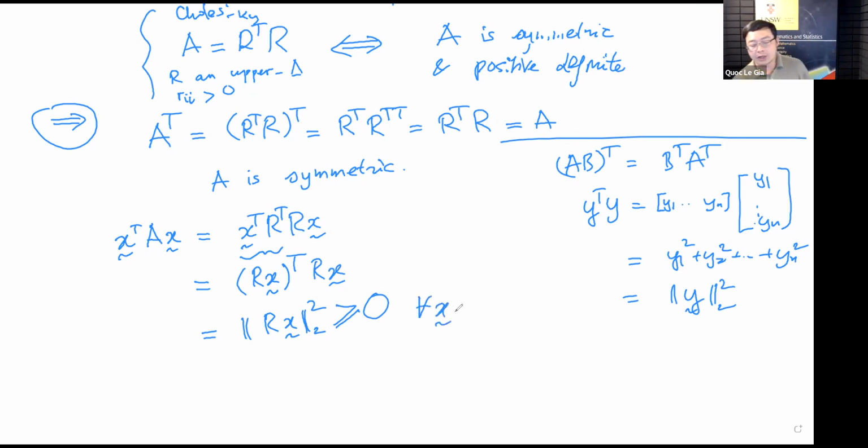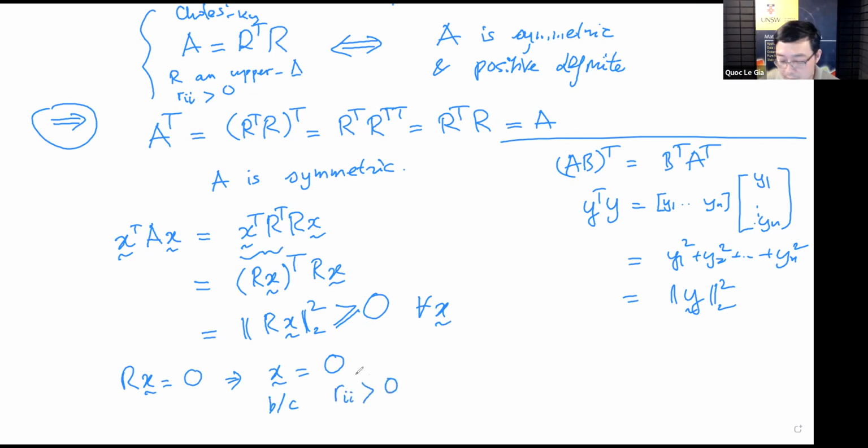Now we have to check when Rx equals 0. Rx equals 0 will imply that X equals 0. Why is that? Because remember the diagonal entries of R are positive, so R is a non-singular matrix.